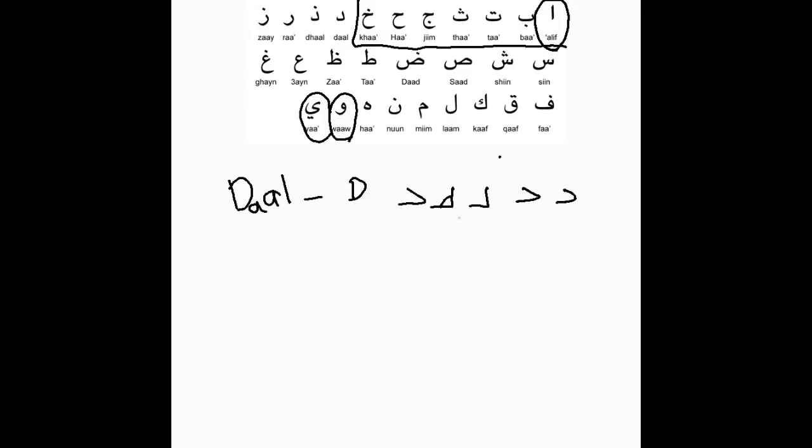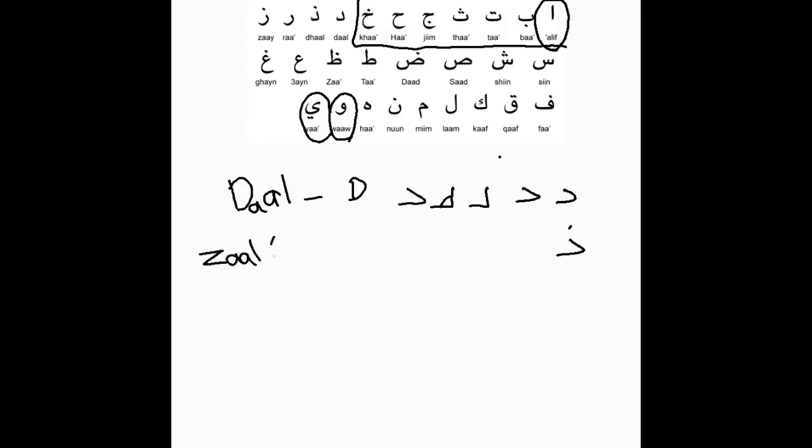And we're gonna say later on how they look at the beginning of the word and at the middle and at the end, because here we have so many letters that actually look similar. So we have Dhal. Dhal is just similar to Dal. I will say that it's not Zal, but it's Dhal.